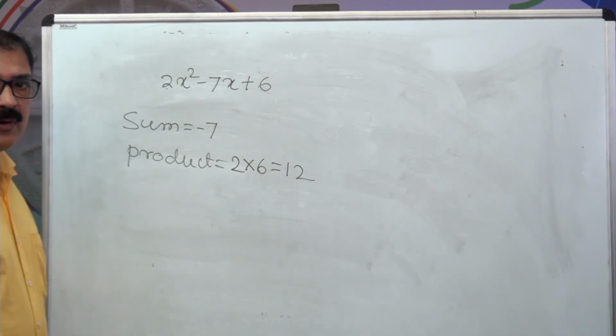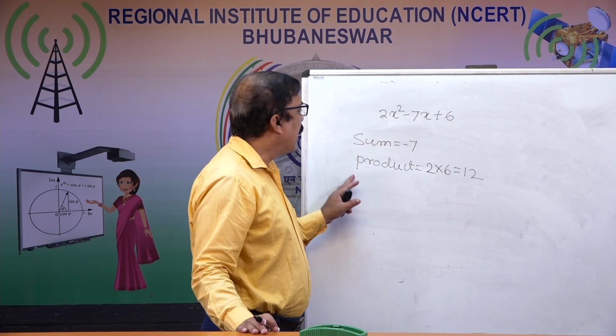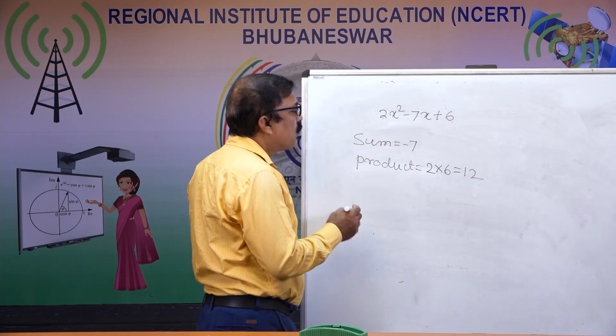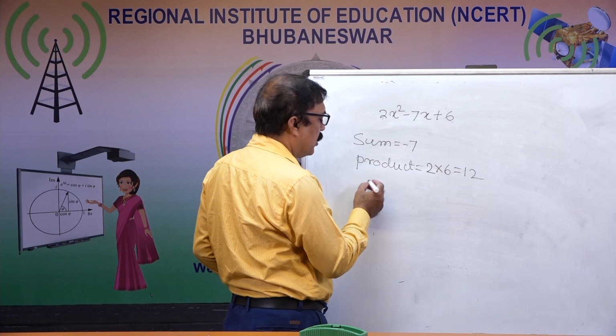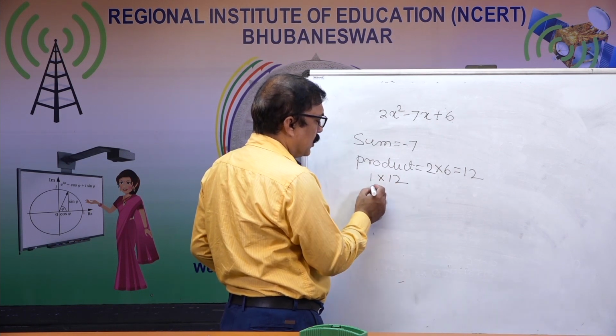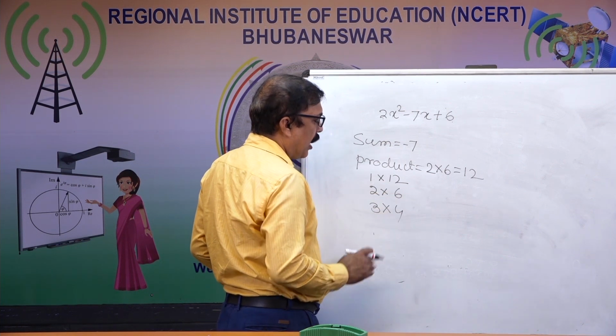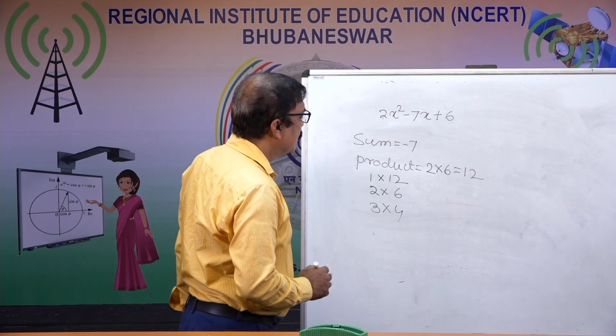How to do this? The products are 1 into 12, 2 into 6, 3 into 4, and their negatives.